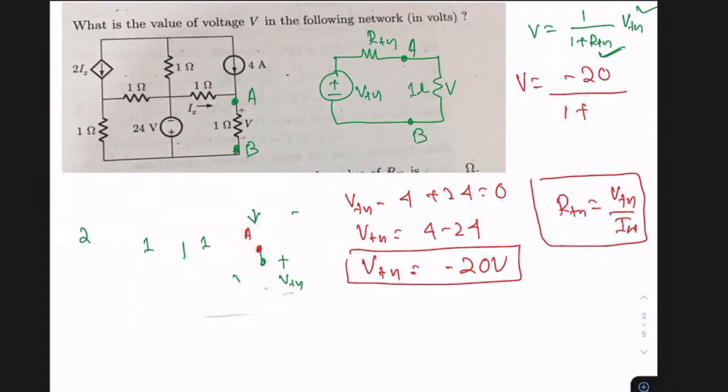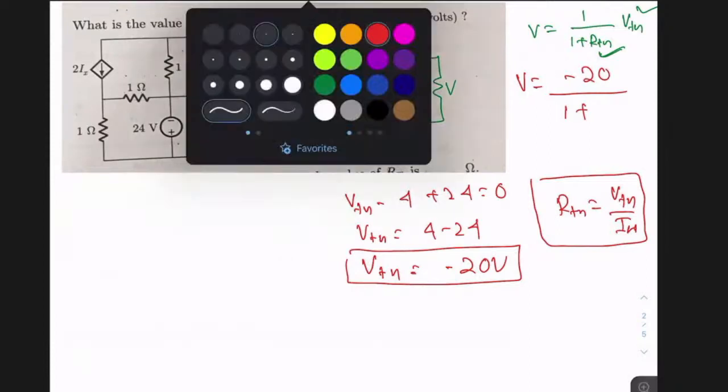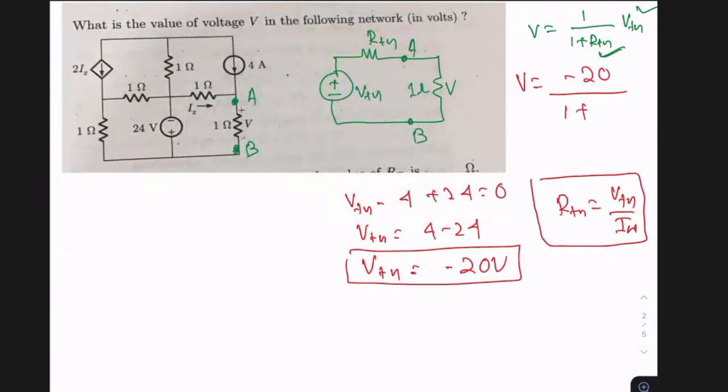So to evaluate RTH, first I'm getting IN. How do you get IN? To get this IN, again I'm drawing the circuit. This is your 2IX. This is 1 ohm. This is 4 ampere.